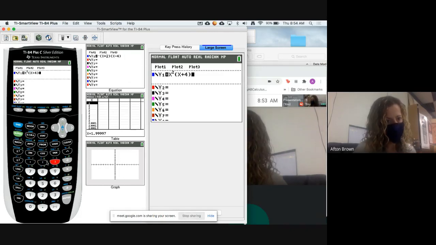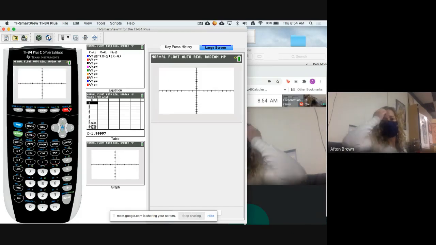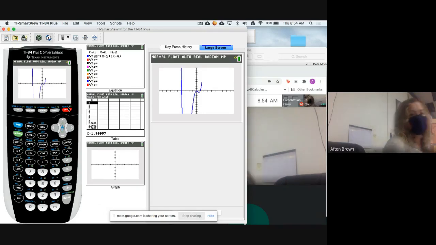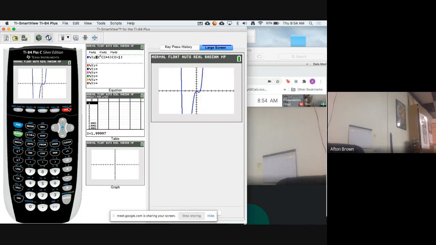So this is a multiplicity. Okay, so I'm hitting graph. Now, for me, I'm not too concerned that I can't see the bottom of this. Would you guys agree those two are just gonna kind of turn? Even though I don't see it, I feel pretty good that I know what it looks like without seeing it.